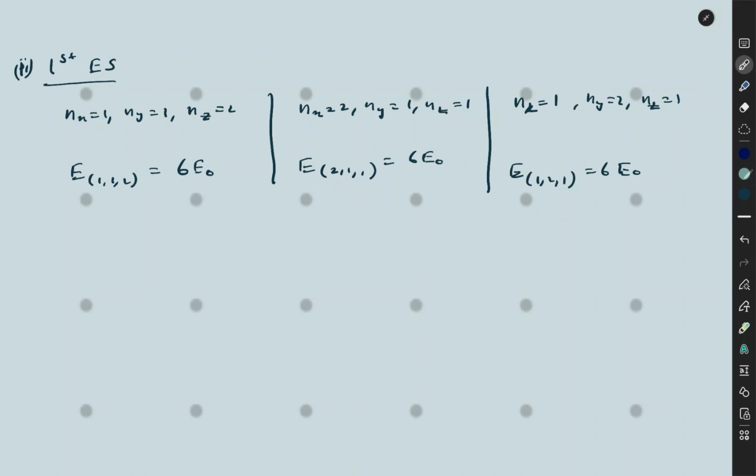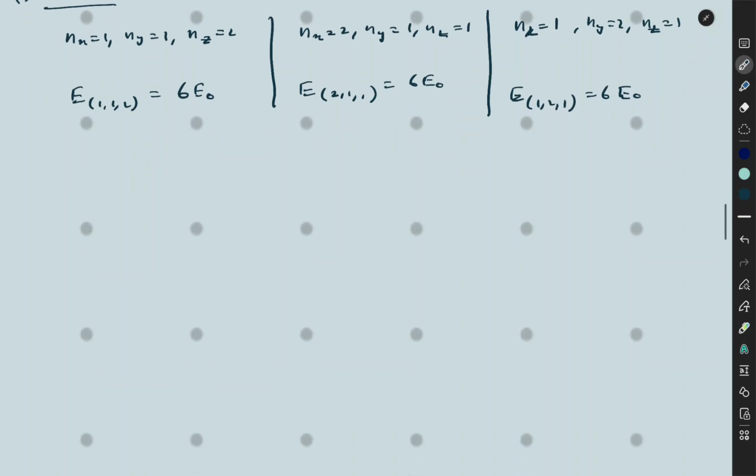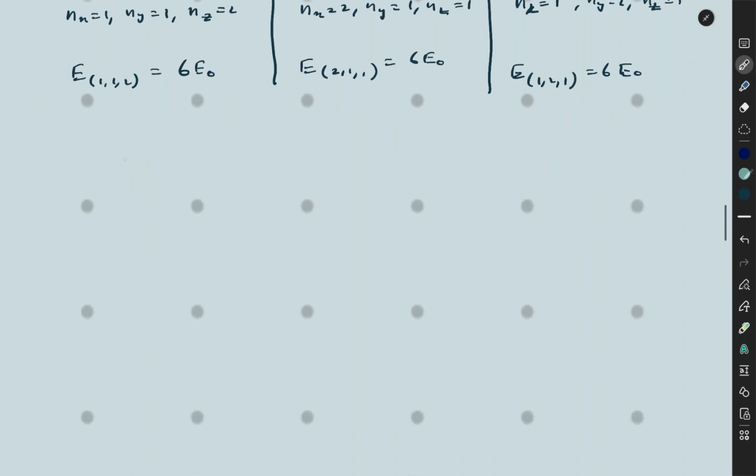These are three different wave functions that all have the same energy, that is, the energy equal to 6 E naught. So these all represent different states. State 1, that is 1, 1, 2, represents the wave function phi of 1, 1, 2.